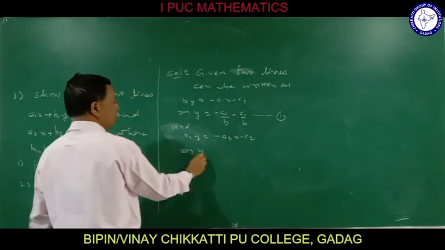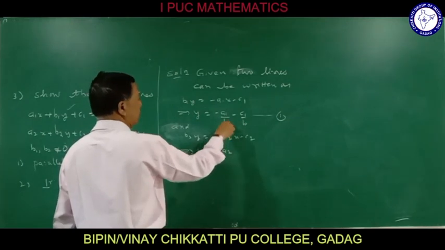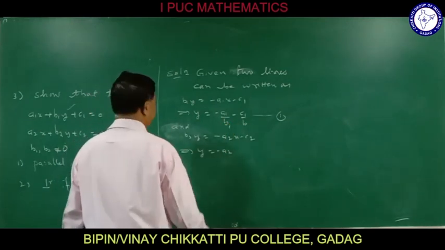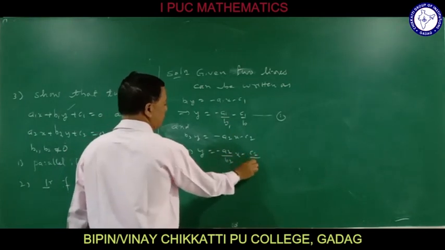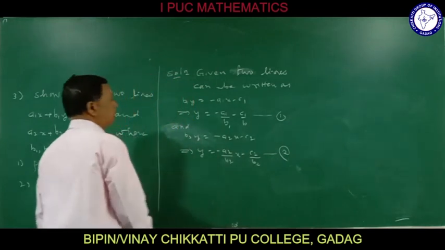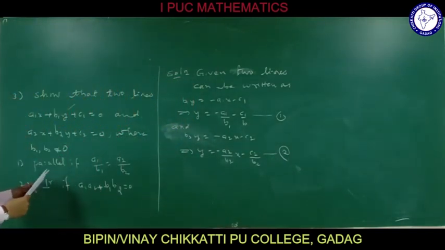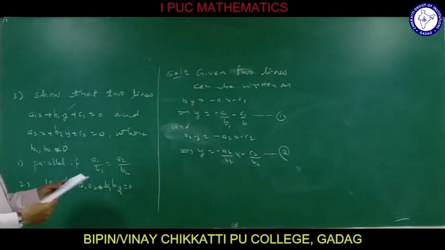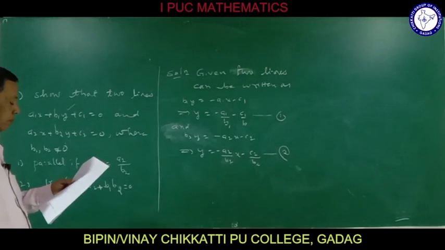This implies y is equal to minus a2 by b2 x minus c2 by b2. So this is equation number 2. 1 and 2 are slope intercept forms of the two general equations that we have already written.